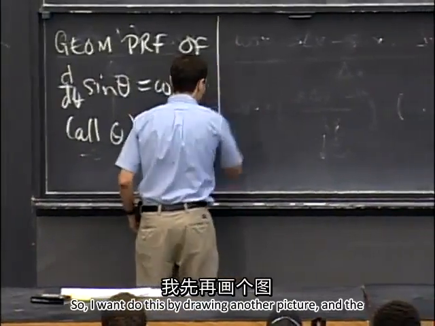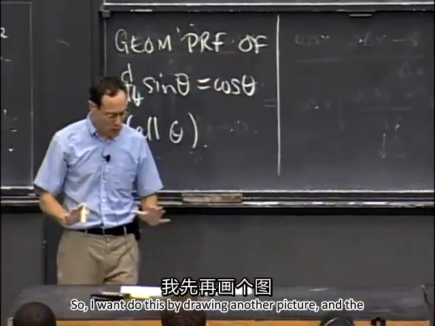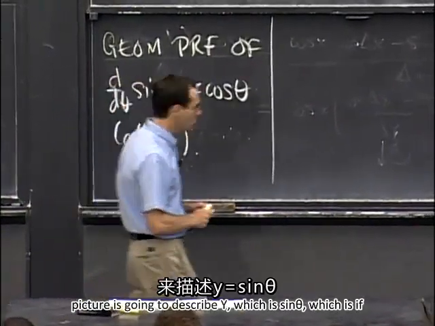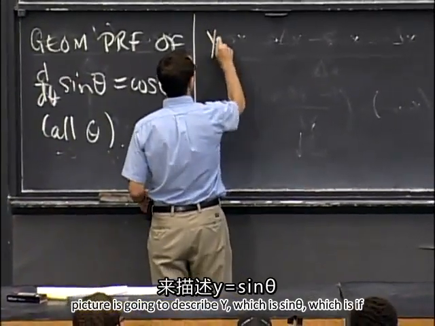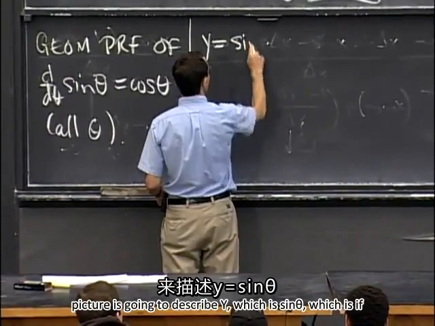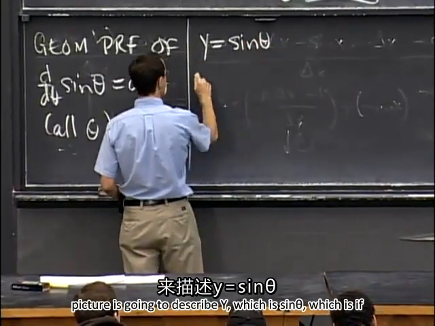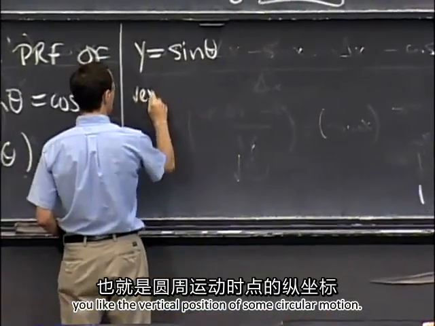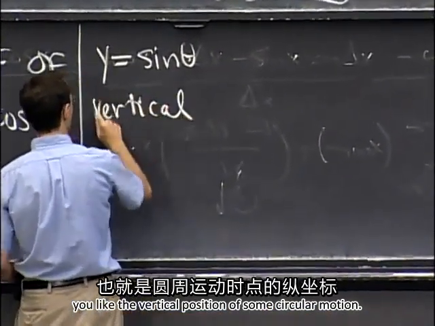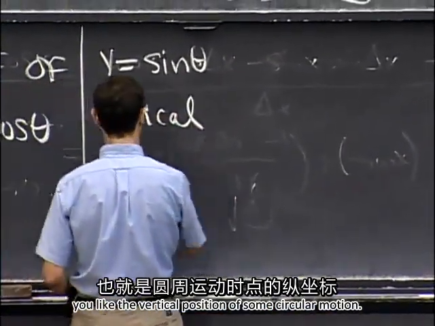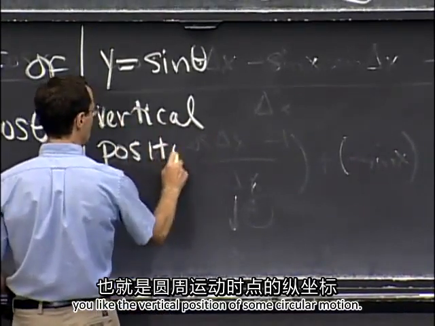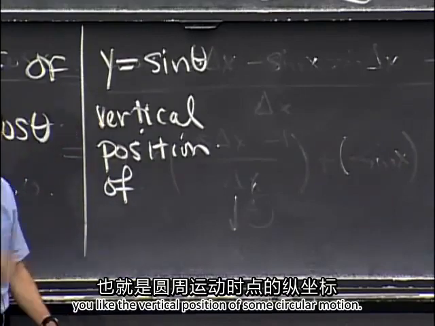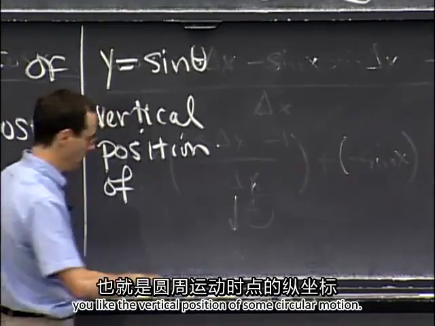So I want to do this by drawing another picture. The picture is going to describe y, which is sine theta, which is the vertical position of some circular motion.